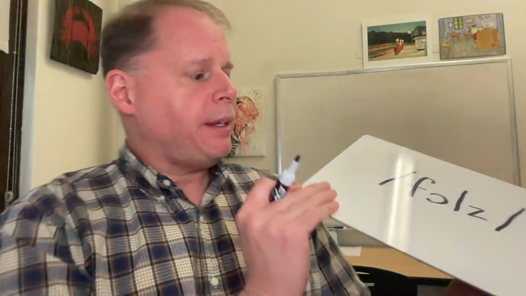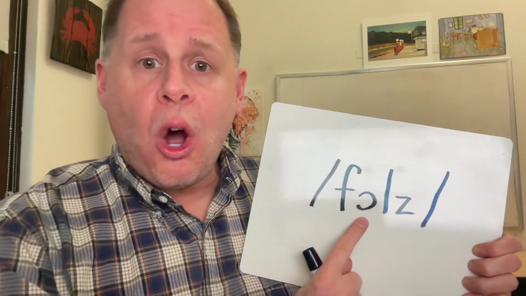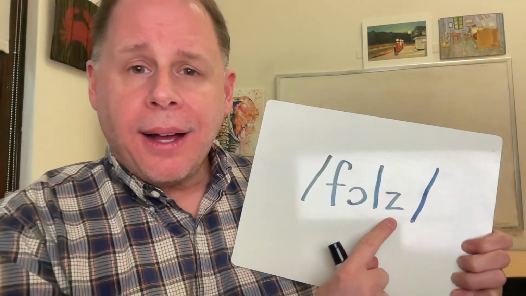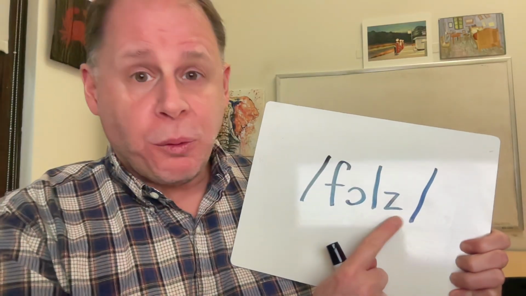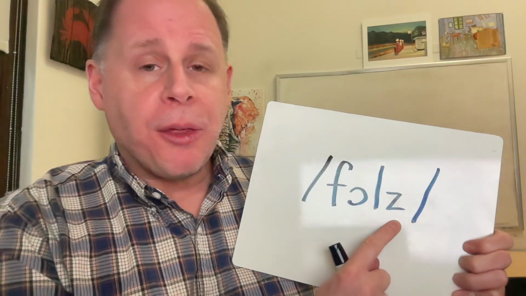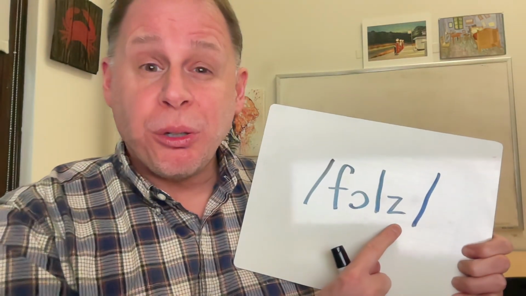Okay, so the vowel was aw, not ah. And even though the spelling is a letter S, it was pronounced with a Z sound. Otherwise, we get false, like true and false.